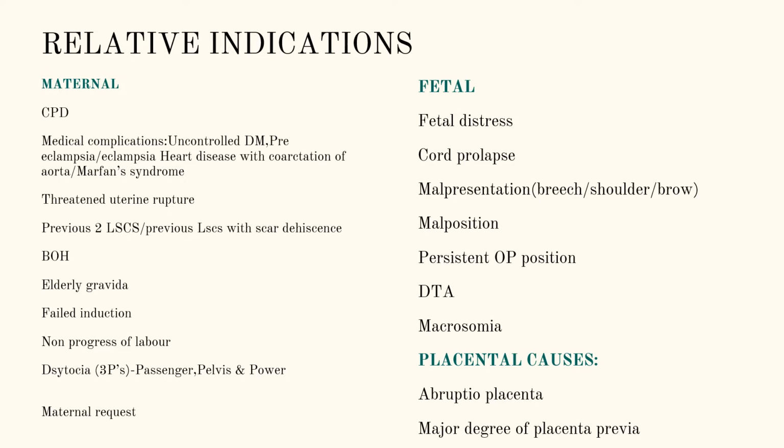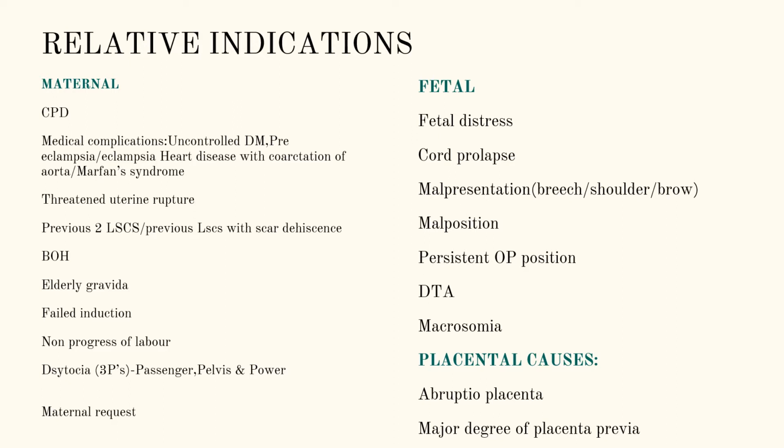In the cases of threatened uterine rupture, previous LSCS with scar dehiscence, bad obstetric history, elderly gravida, failed induction of labor, non-progress of labor, dystocias because of some problem in the passenger, pelvis, or the power, that is the uterine contractions, or on maternal request.